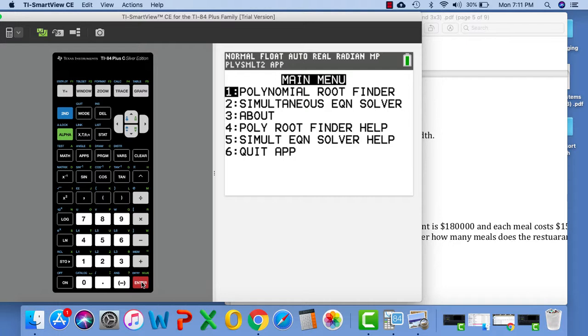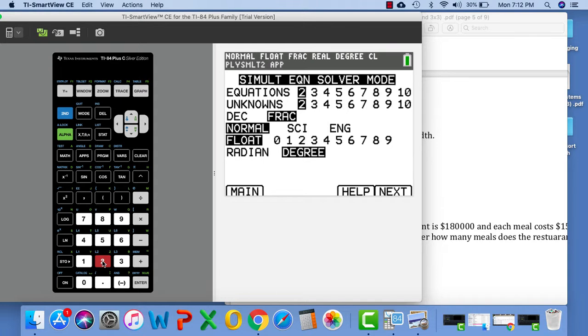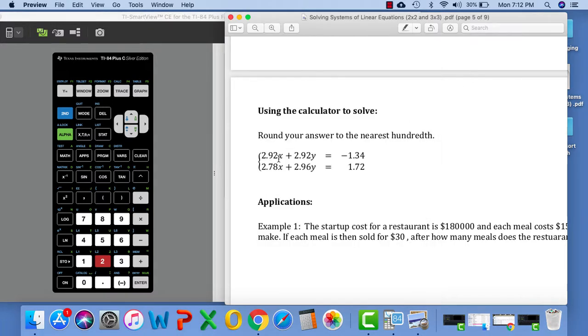And when you want to solve a system of equations, what you're doing is solving equations simultaneously. You're going to choose option number 2. And then when you get to this screen, you're going to plug in all your settings. So if you had two equations and two unknowns, you would have this highlighted on 2 and 2, and that's the case that we have right now. If you look at our problem, we have an x and a y, so we have two unknowns, and we have two equations.